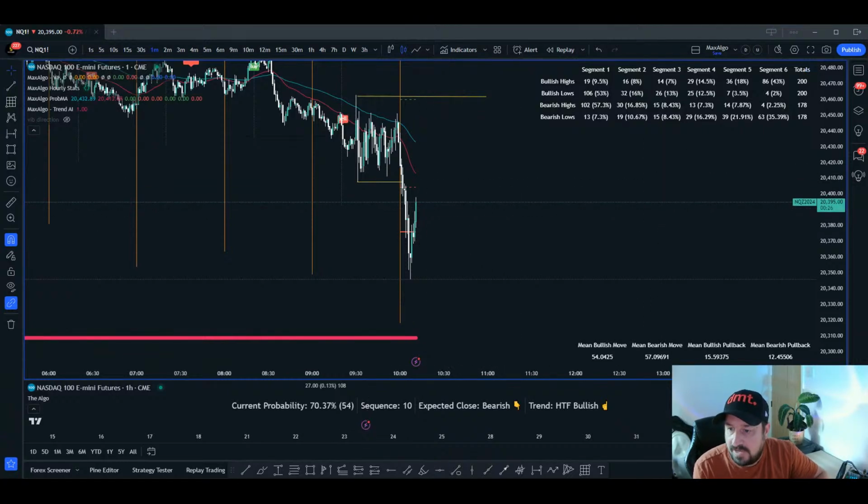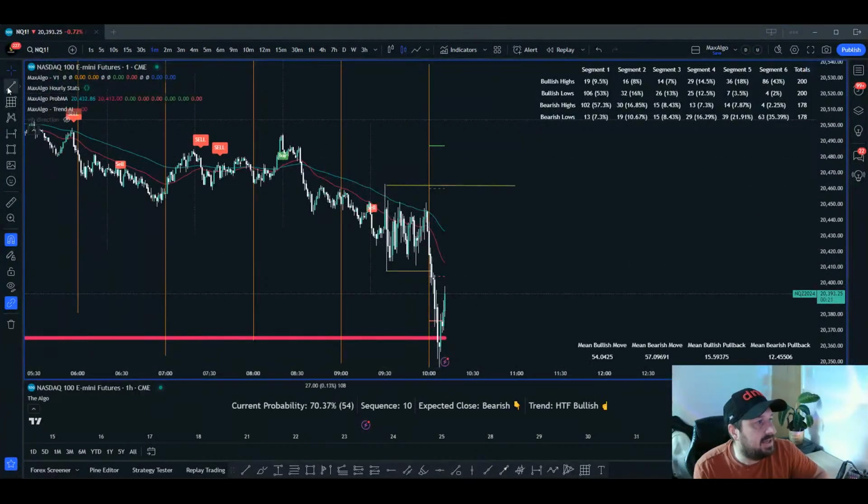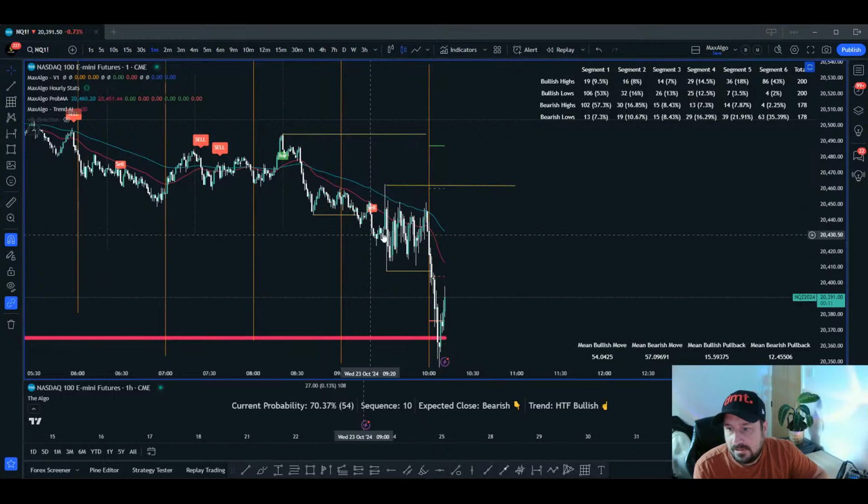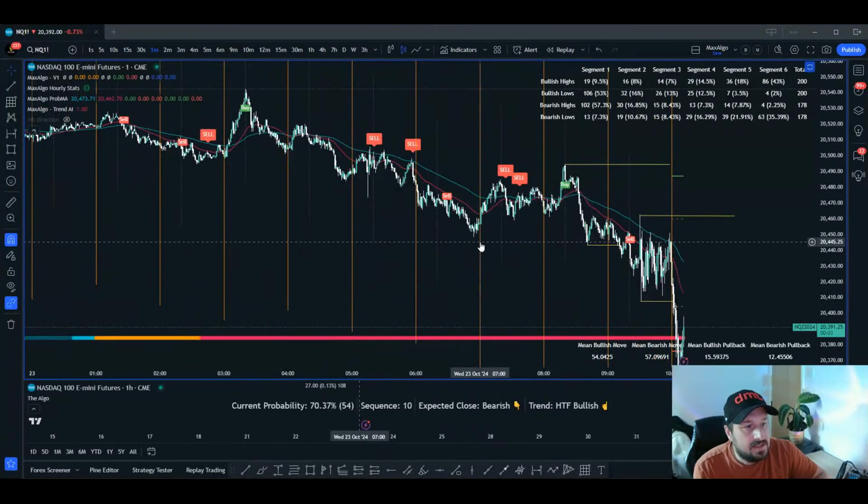It's matching what we're expecting to happen. So we can see we break that low quite quickly, giving us confidence that we're going to continue in that direction as well as all the other bias, right?